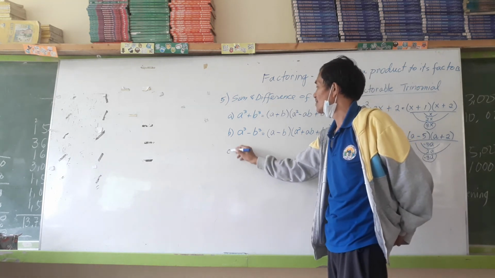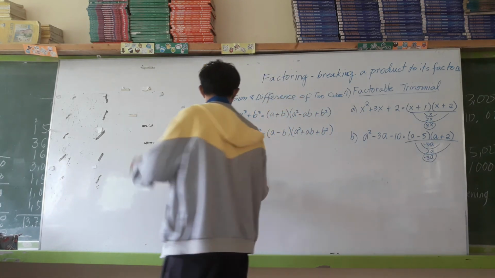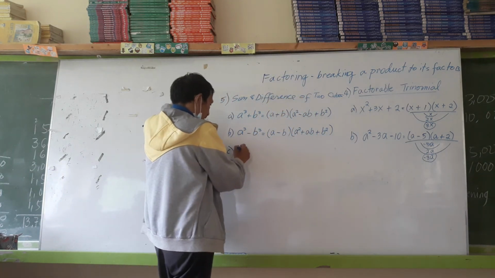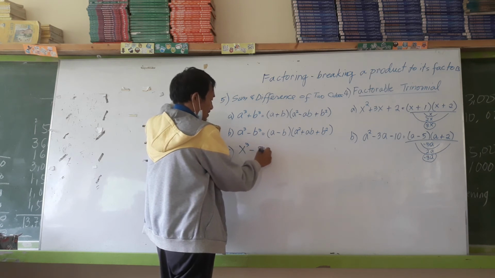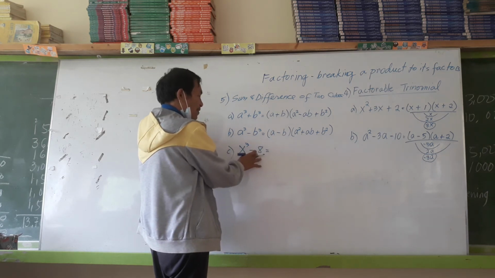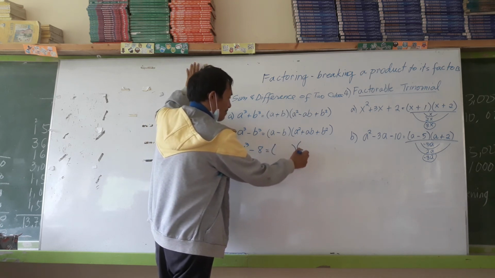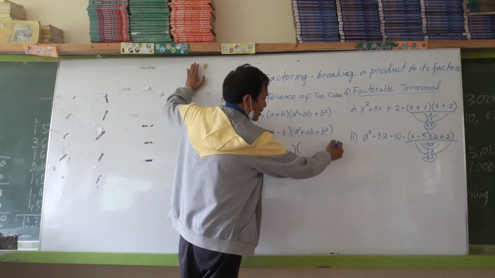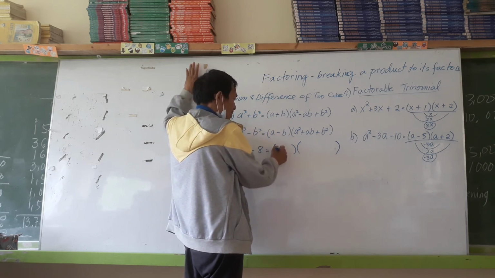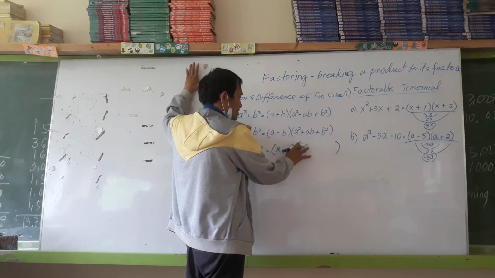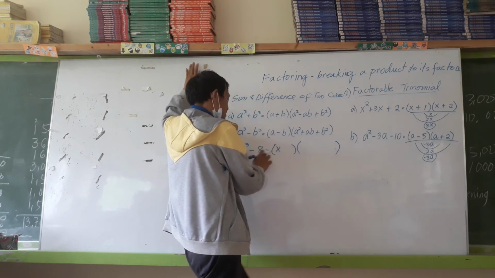Let's have an example which has a number or a constant. Say x cubed minus 8. Okay. 8 is a perfect cube. So again, we are going to have the binomial and trinomial factors. Cube root of x cubed, that is x.